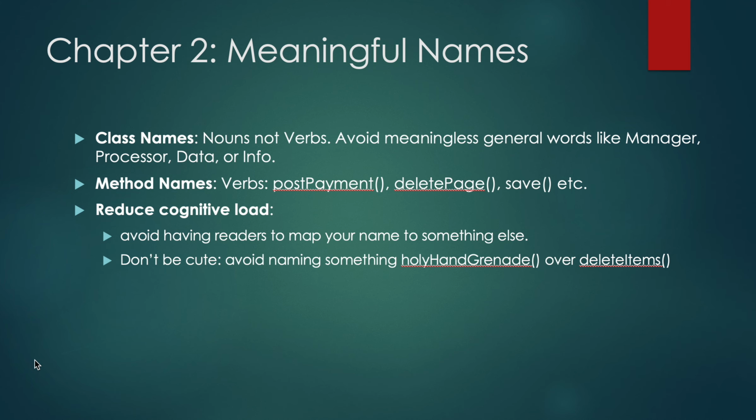Avoid names like holy hand grenade for things that maybe mean delete items, right? Avoid these names where the reader needs to map and figure out or know something to know what's going on. Clarity is king in this case. Just be very clear about what the intention is.